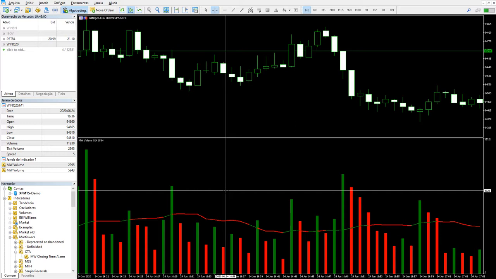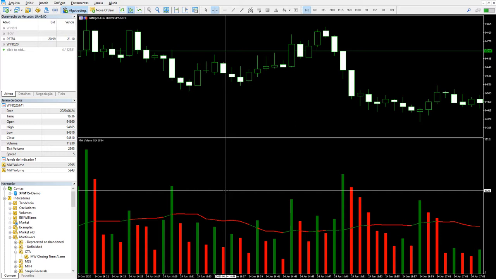You may have already read about indicators such as RSI or stochastic, or even here the OBV, on-balance volume, the idea of when the market is going in one direction and then the indicator is going in another direction, that signals a change.